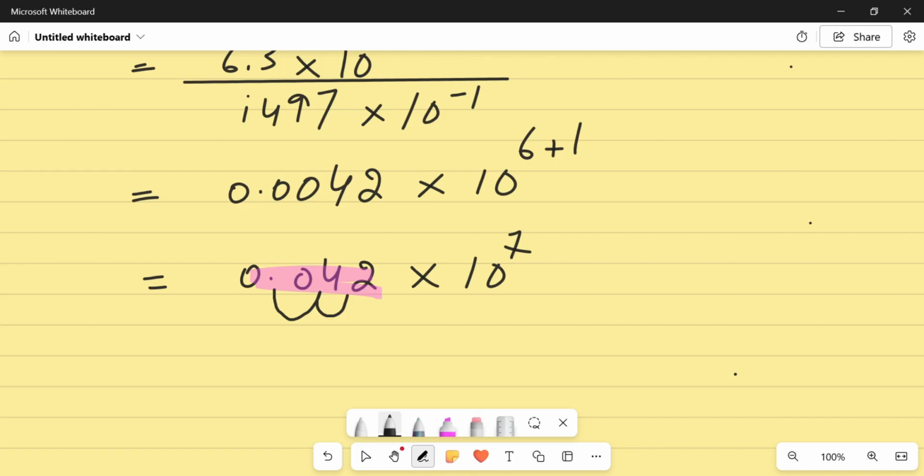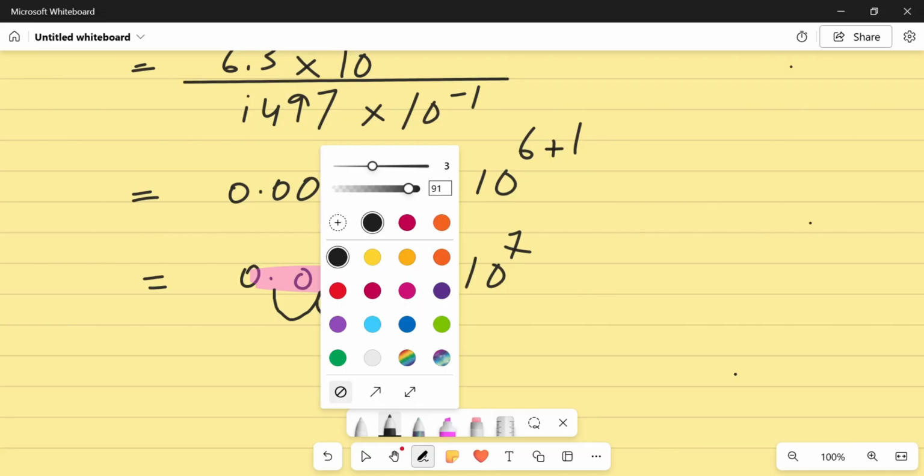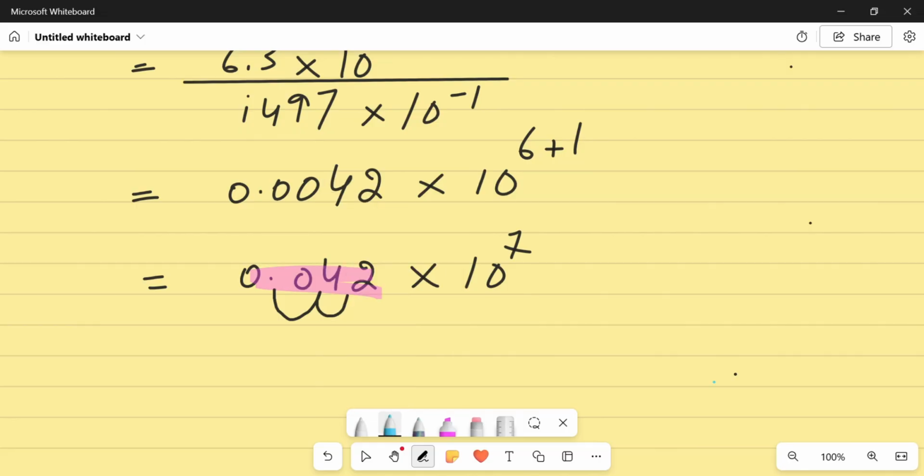So R for right and R for reduce here. For reduce, we need to use a minus sign. Okay, 1 and 2 here, okay? 1 and 2.